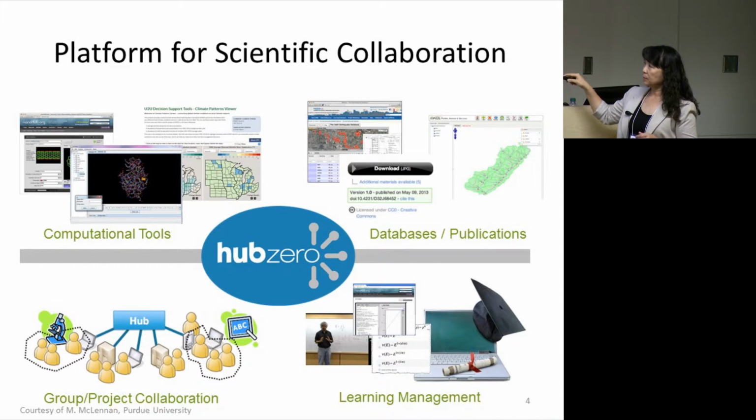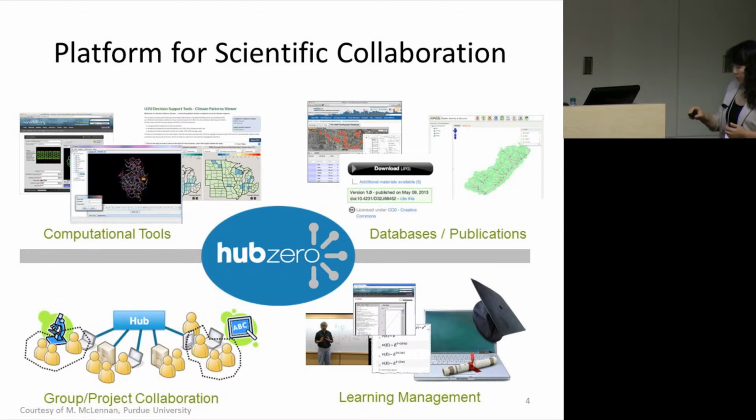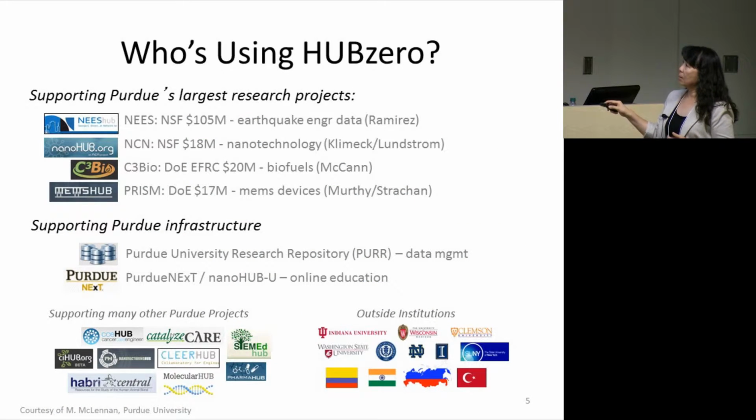And then Purdue and some other groups like the Nanotechnology Network Center are heavily using HUBzero for learning and teaching. And just to give you an idea of who's using it, up on the top you can see some of the big NSF projects are using it, and there are also partnerships with industry and with educational communities that are using HUBzero.